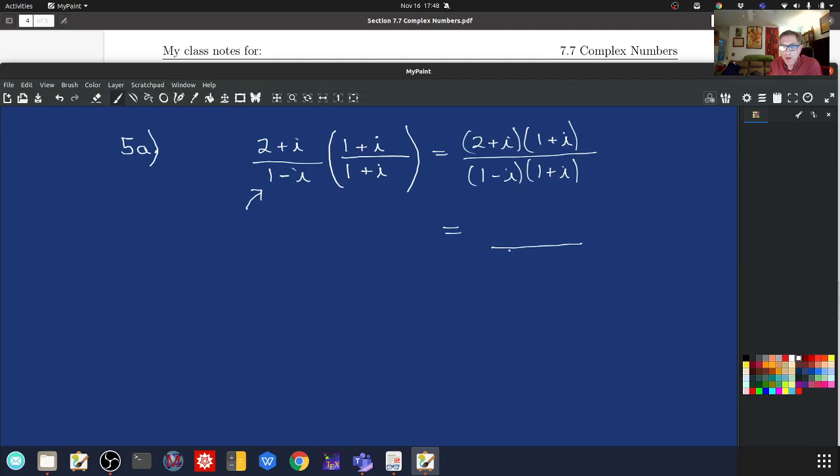So let's work on the bottom. 1 minus i times 1 plus i, by what I just showed you, is 1 squared plus minus 1. Let's do it over here. Well, that's 1 squared minus i squared. 1 squared is 1, but i squared is minus 1. So it's 1 plus 1, which is equal to 2.